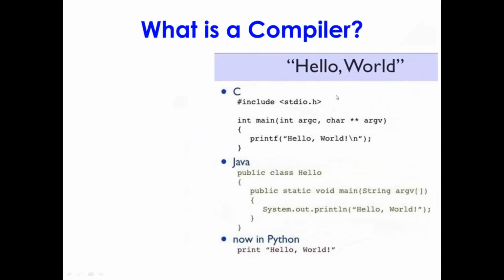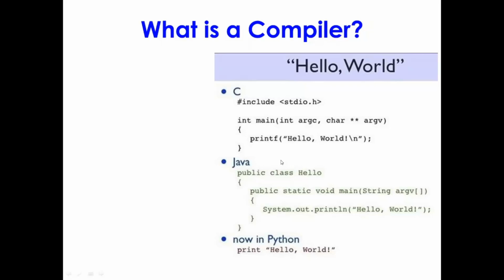I have a sample program and this is about hello world. If I want to write a program, this is a code in C language, this is in Java, and this is in Python. As I told you before, if you write a program in a high-level language, computer will not understand it directly. You must translate it into machine language, the language that computer understands.